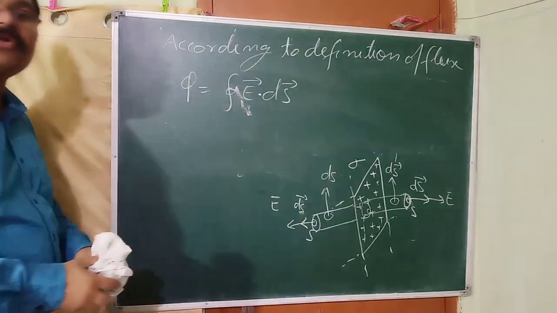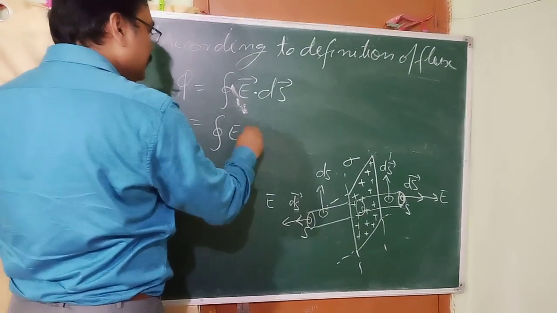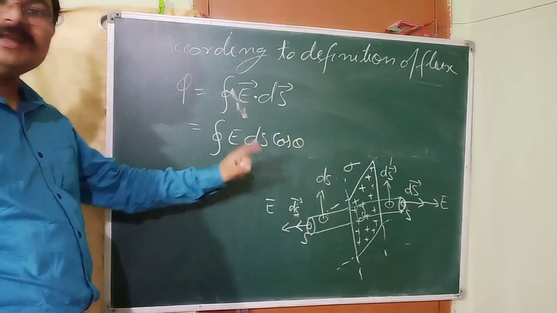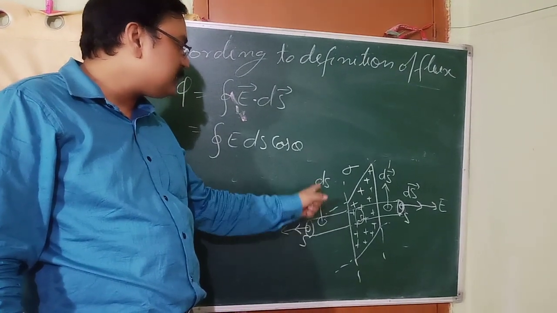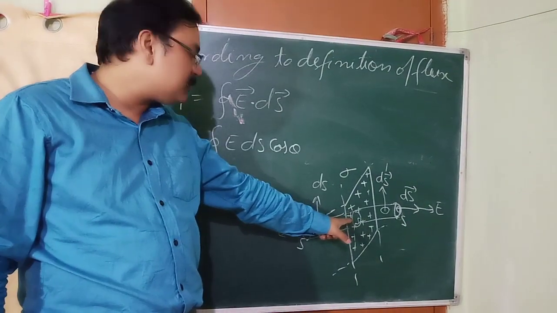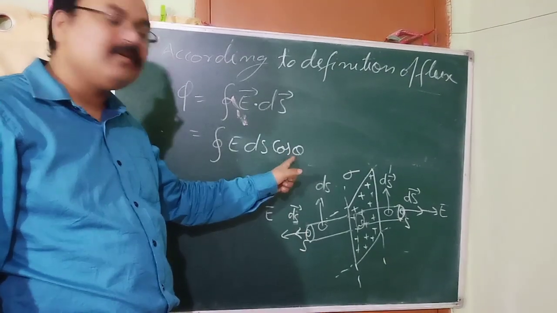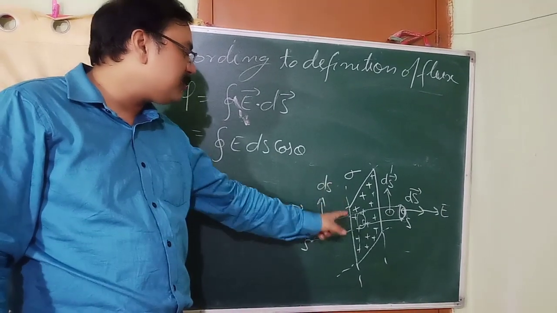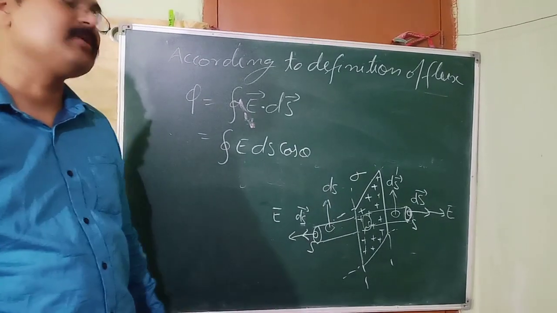When we talk about E dot ds, we get E ds cos theta, where theta is the angle between E and ds. You can see on this curved surface, the area vector is directed outward and the electric field is directed along the sheet's normal, because electric field is always directed away from the positive charge. So the angle is 90 degree, and cos 90 is 0. So no flux is going to come out from this curved surface at all.